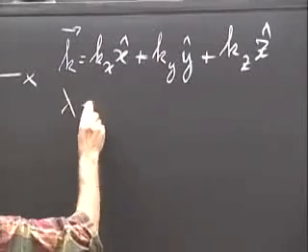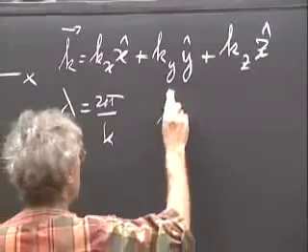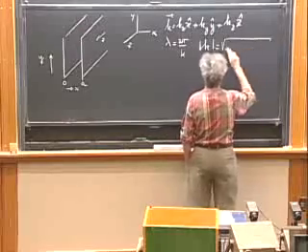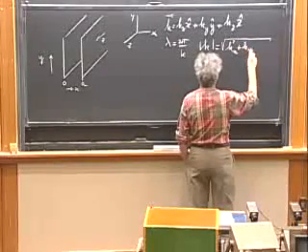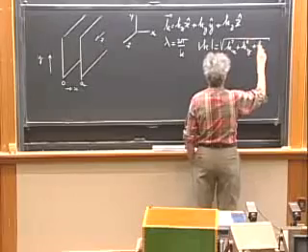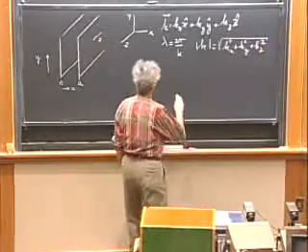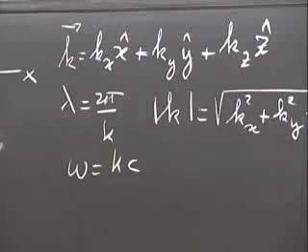Also lambda equals 2 pi divided by that k, and the magnitude of that k is the square root of kx squared plus ky squared plus kz squared, and omega equals kc if this is in vacuum.